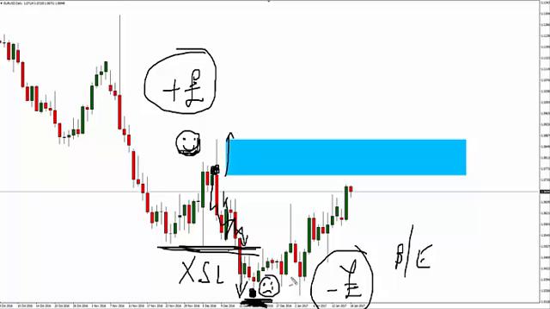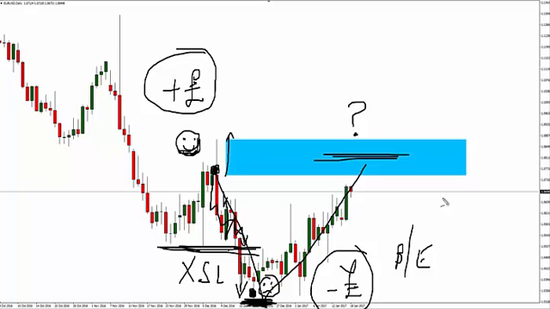Meaning, if you had a bunch of people down here that took this trade originally and find themselves down in here and get the opportunity to get out at break even, what are they going to do? As we've discussed ad nauseam now, they're going to bail out at break even, right?